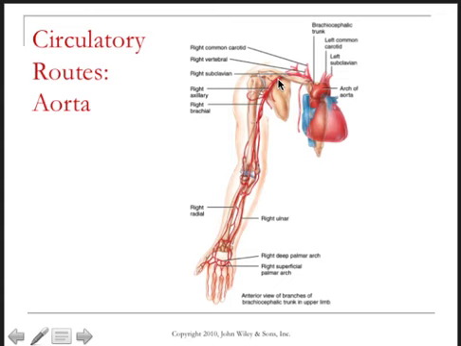Then it becomes the axillary artery as it dips down here right around the glenohumeral joint. And then we continue. We become now the brachial. The brachial then becomes eventually the radial and ulnar, and there's also a medial artery in there, and then the superficial and deep palmar arches.